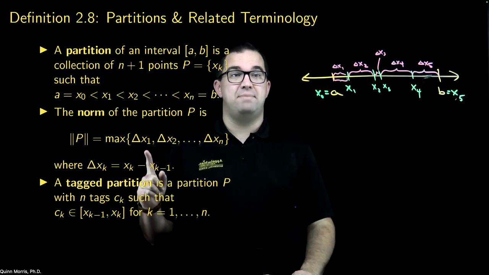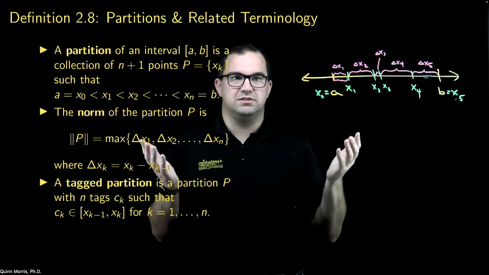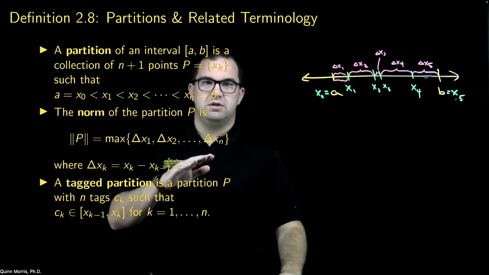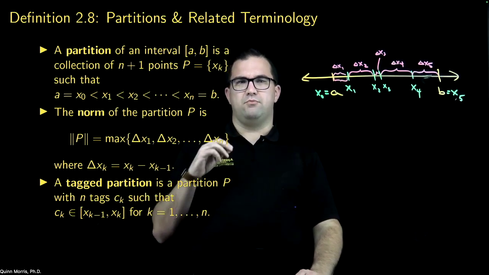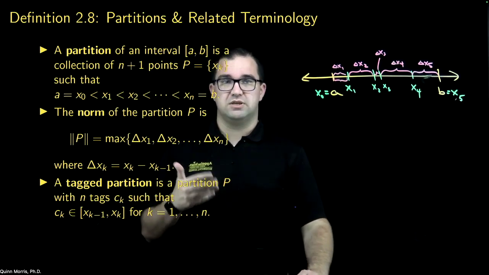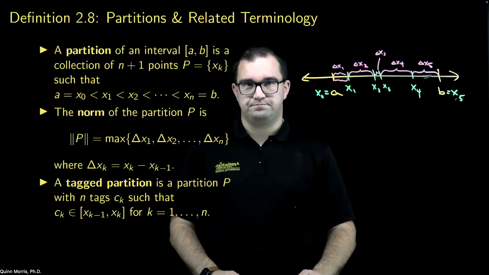That means the biggest of the bases is getting small, which means they're all getting small. We're not going to use the norm very much today, but it's going to become really important when we write down some of the technical definitions for the Riemann integral.